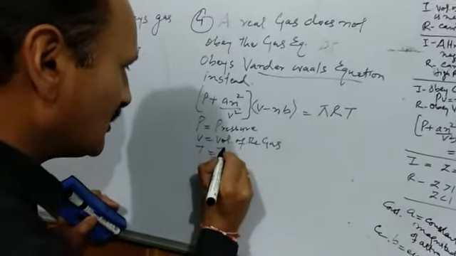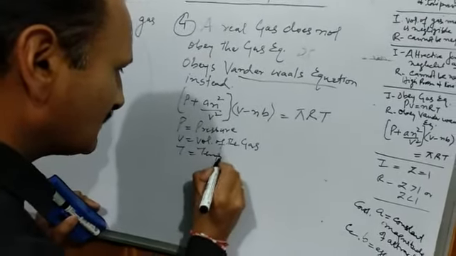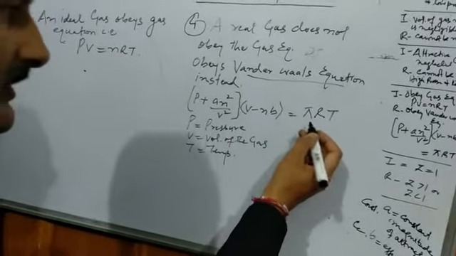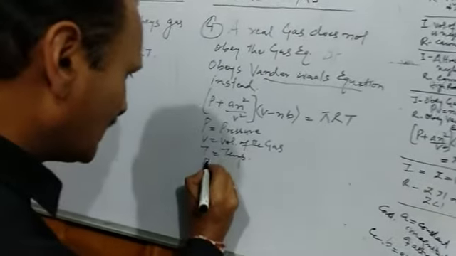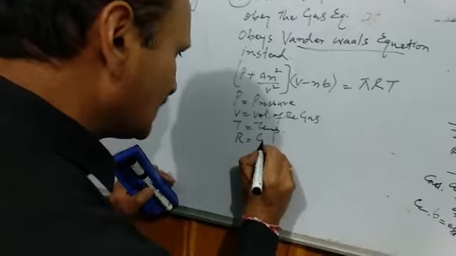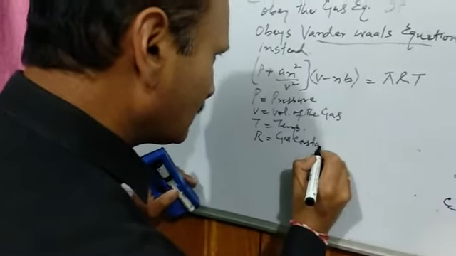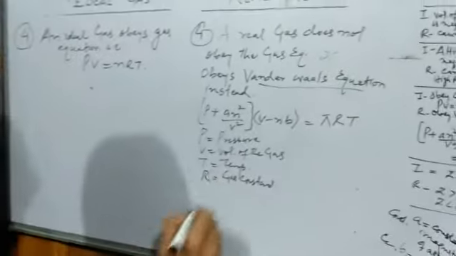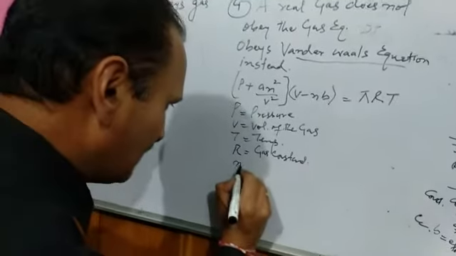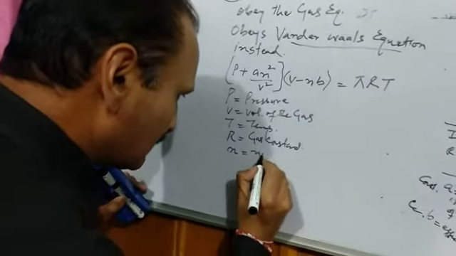This is the temperature of the gas at which the gas is kept. Then we have R. R is a constant known as the gas constant. Then we have n. n means the number of moles.